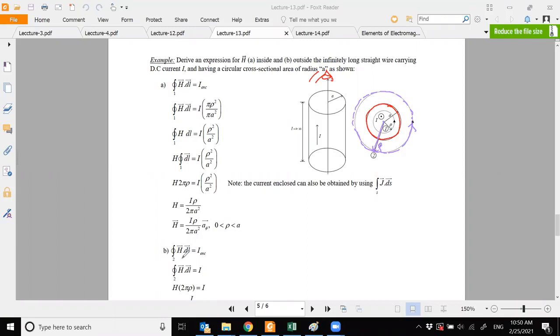So the closed line integral H bar dot dl bar is I enclosed. What is the current enclosed here, inside this loop?